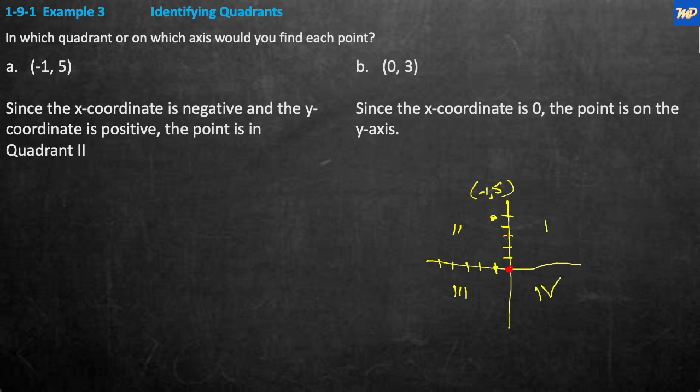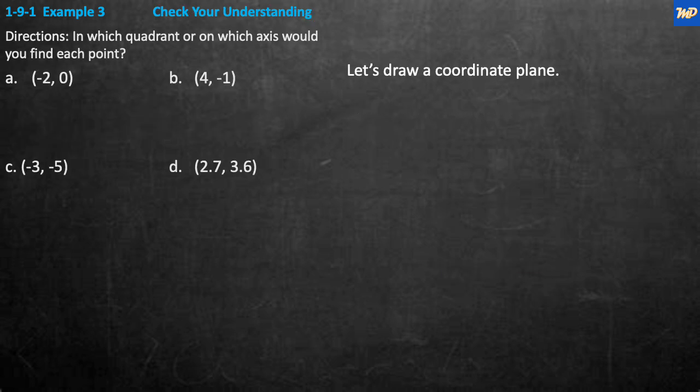That means it's going to put it right here. And it's not in either quadrant, is it? The x coordinate is 0, so the point is on the axis. It's not in 1 or 2. If it was on either side of that line, it would be in one or the other, but it's not in either quadrant.